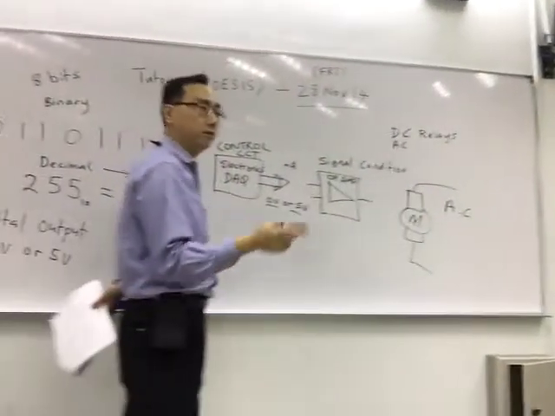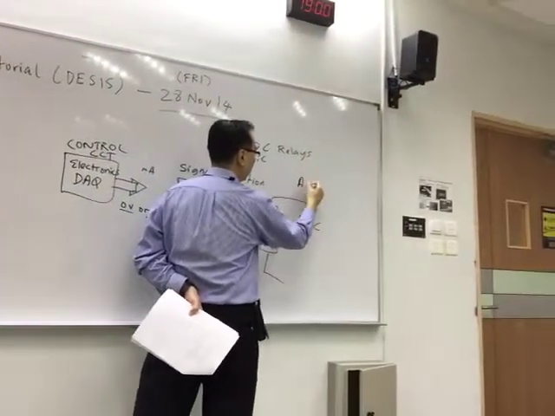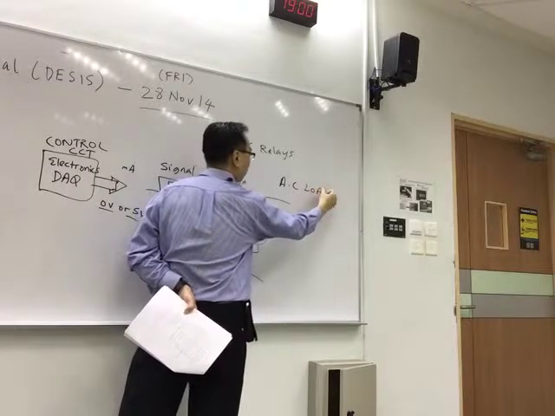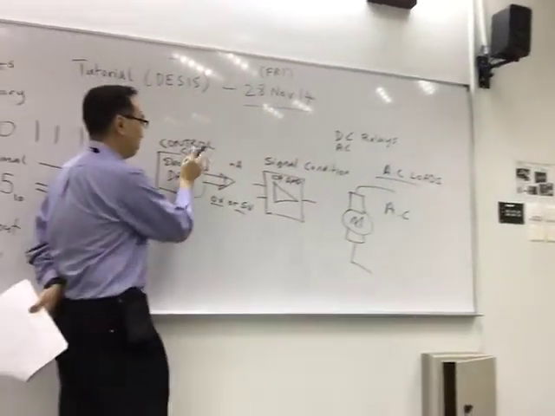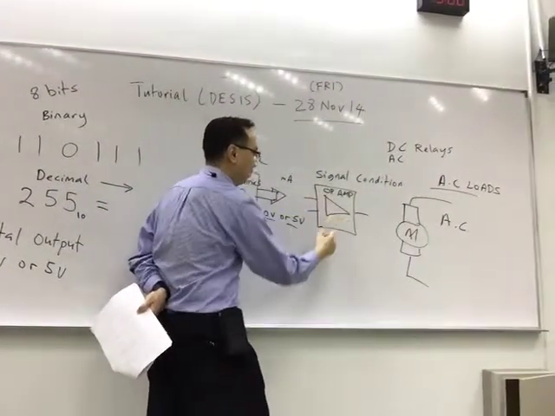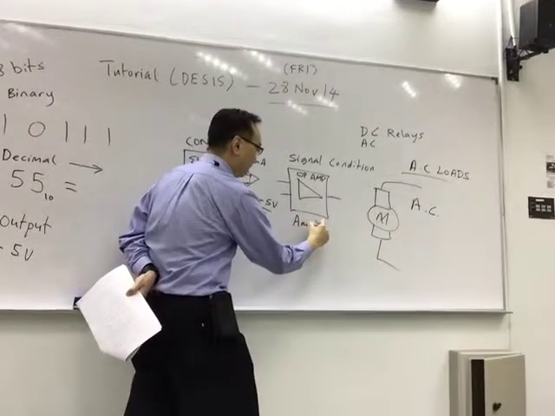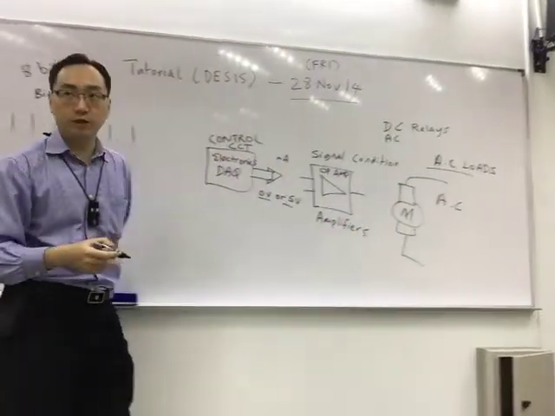Standard in industry, your loads are maybe AC loads, high power, so it depends. So you have the control circuits, then you have signal conditioning, usually an amplifier, preamp, or instrumentation amplifier.